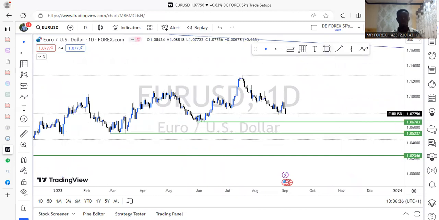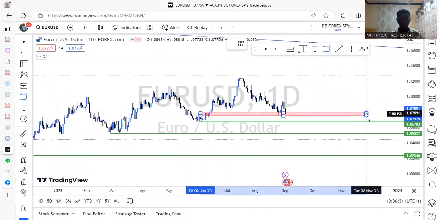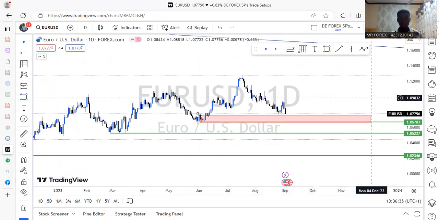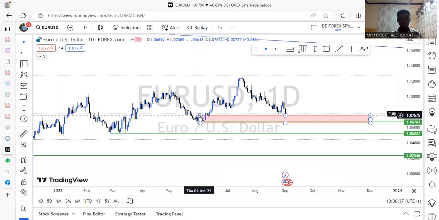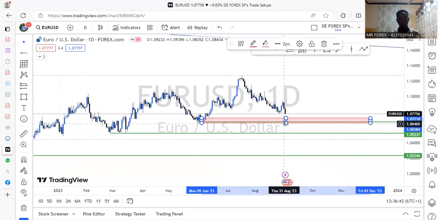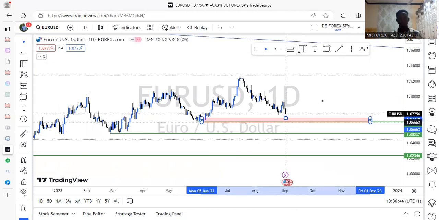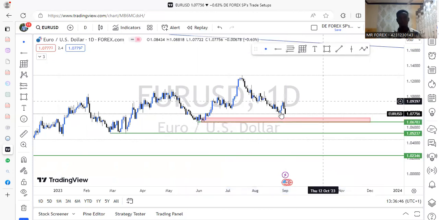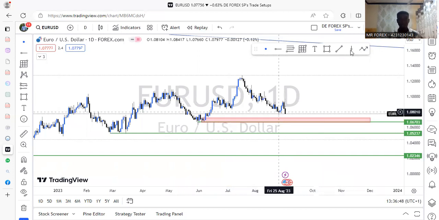And let's look out for this bullish order block over here. This bullish order block, price has currently broken this level.